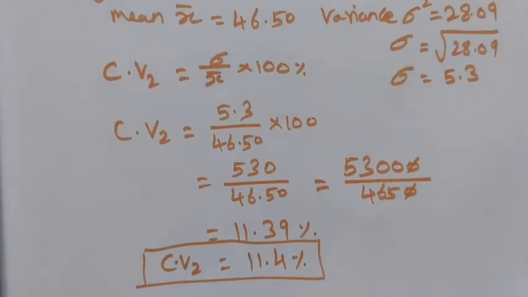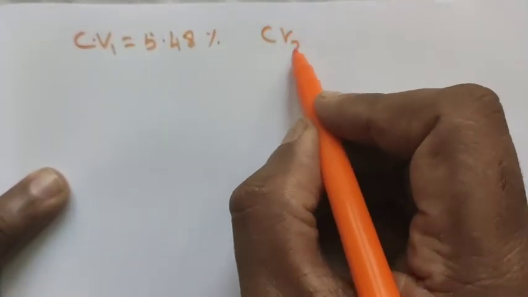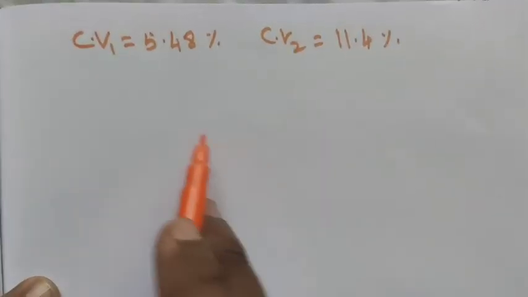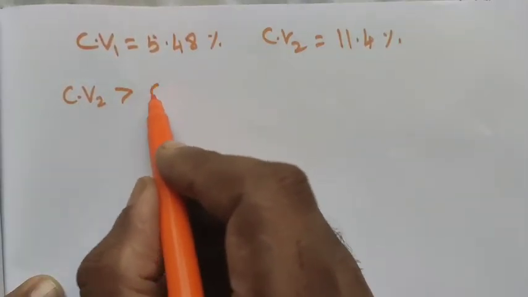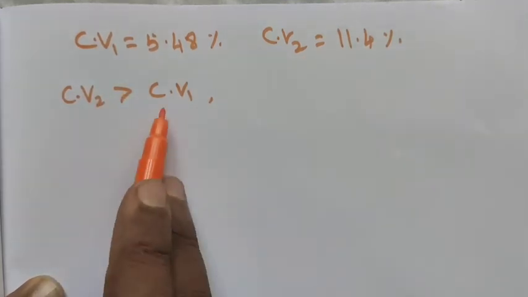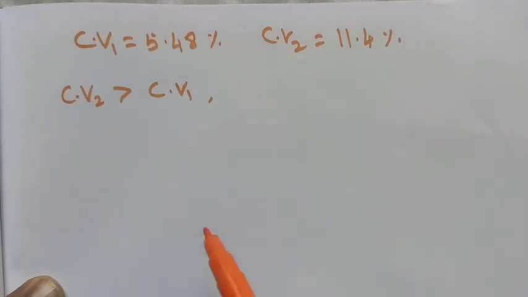So which coefficient of variation shows more variance than the other? CV1 is 5.48 percent and CV2 is 11.4 percent. Now comparing these two, coefficient of variation 2 is greater than coefficient of variation 1. Therefore the first one is the height, the second one is the weight. So weight has more variance because a larger coefficient of variation means more variance.